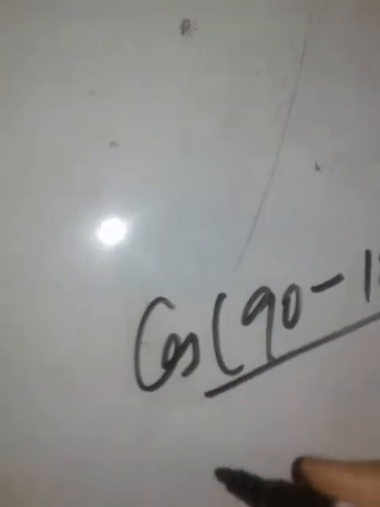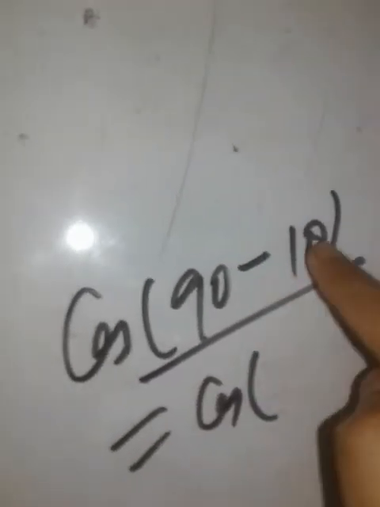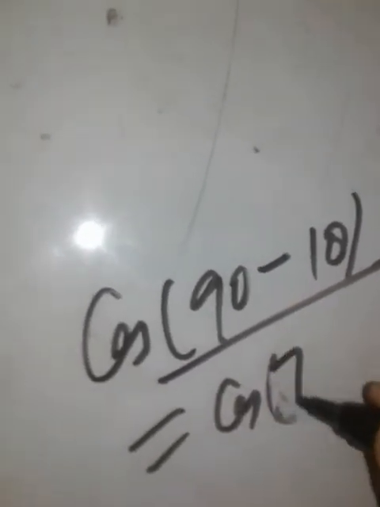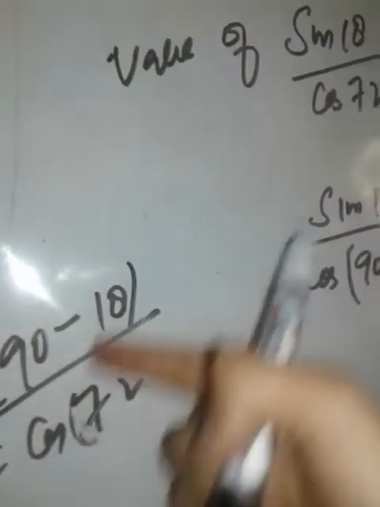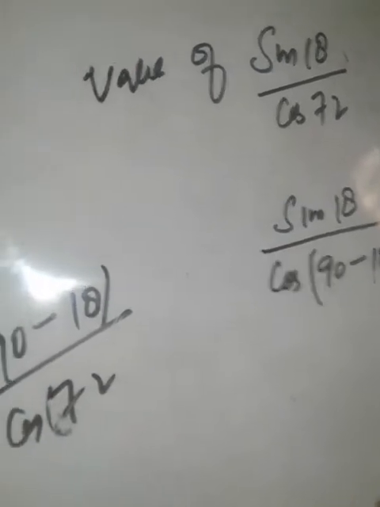Cos 90 minus 18 is what? 90 minus 18 is 72. So you get your original value back. But you have to use the formula here.